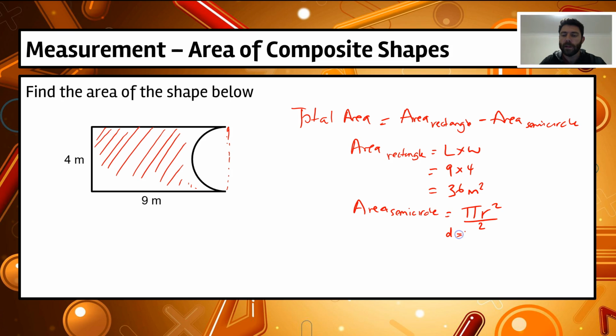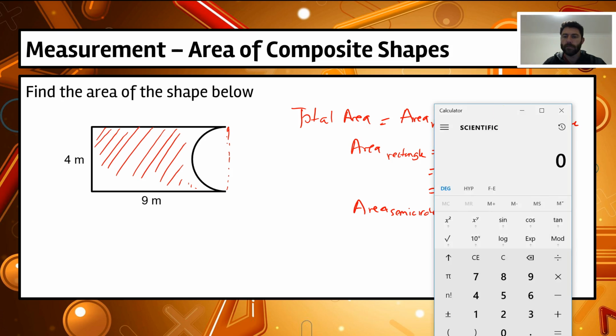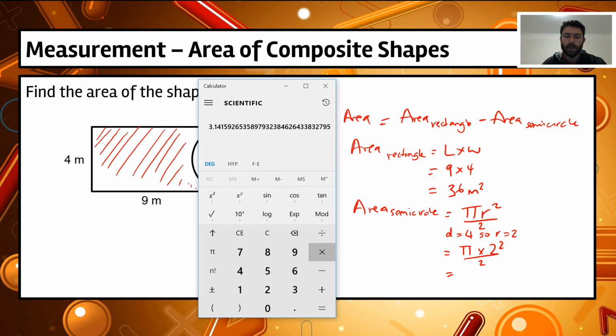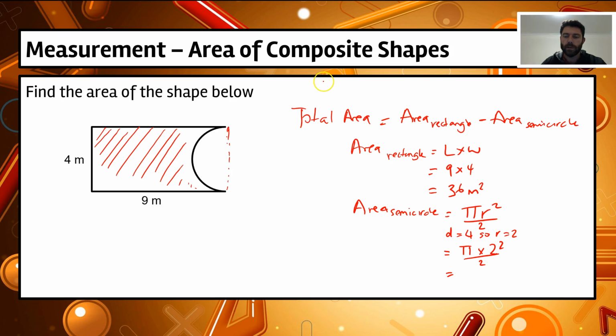Therefore that area equals pi times 2 squared divided by 2. That equals, if we get our calculator out, 6.283. So 6.28 meters squared.